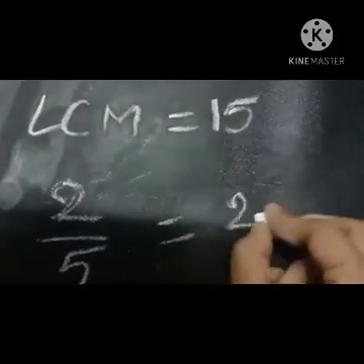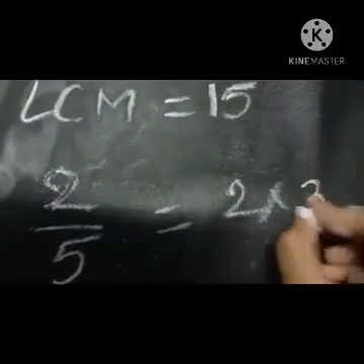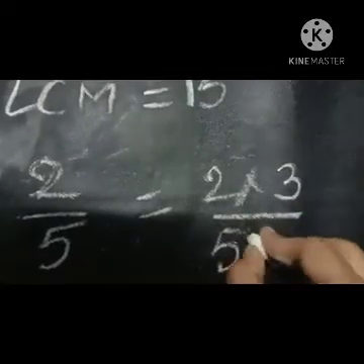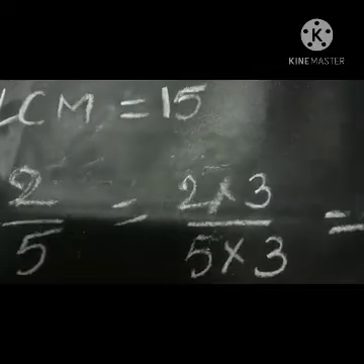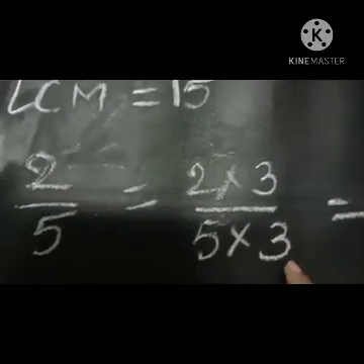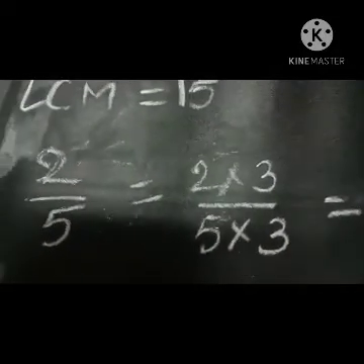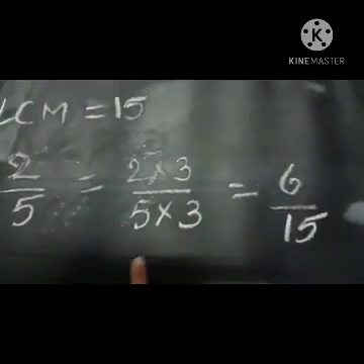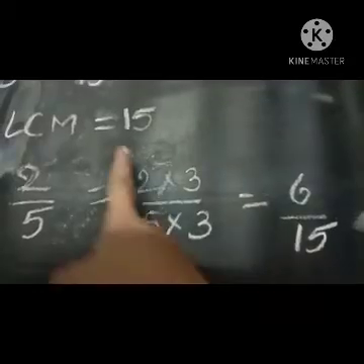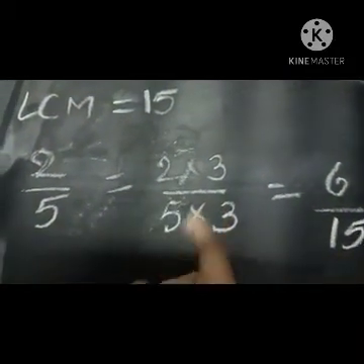Right, 2 into 3 by 5 into 3. 2 threes are 6, 5 threes are 15. The denominator and the LCM, both the two numbers are same.